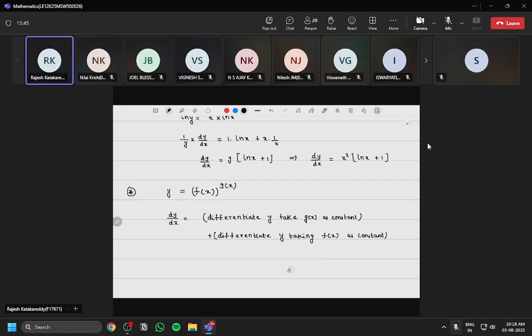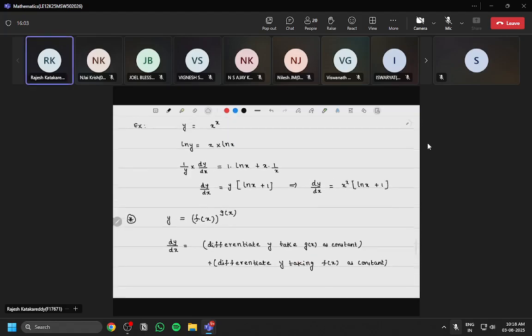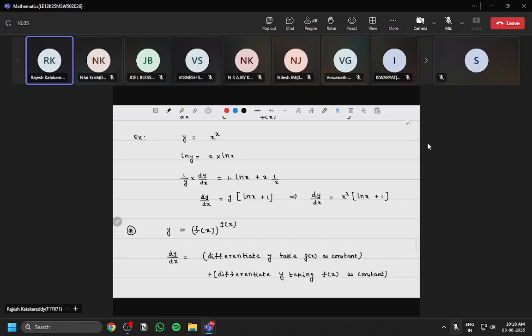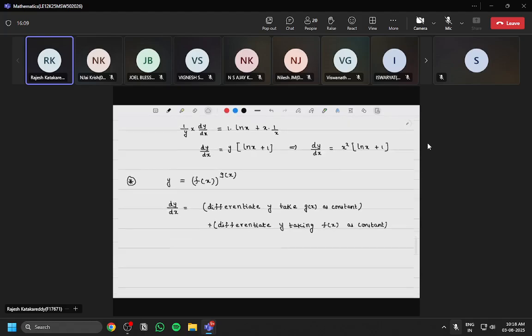If you take log here, you will get log y is equal to x power x into log x. This x power x differentiation you need to do separately. Give me a moment. If I try to use this formula here, it works, right? Then okay, no problem.